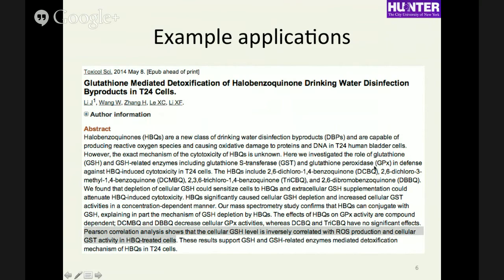So the results here are talking about cellular GSH level. I don't know exactly what that is, but it's something measured, an activity in the cell, on a continuous variable, and the ROS production and cellular GHT activity. Point is that these are continuous variables.